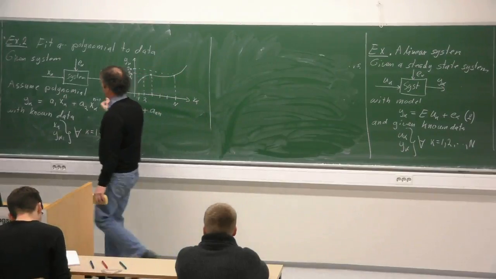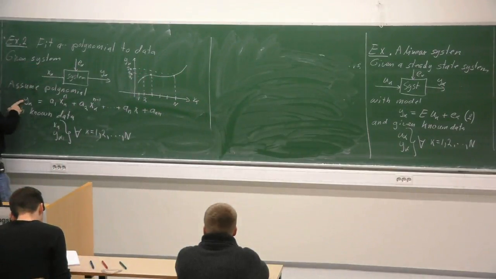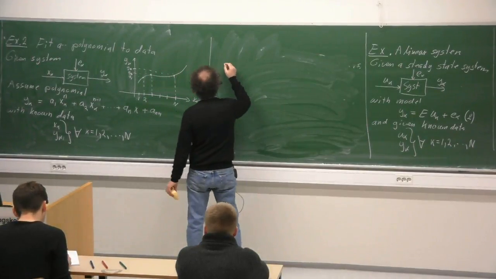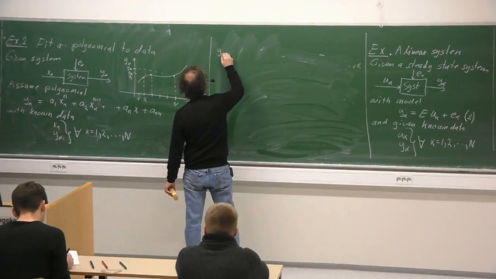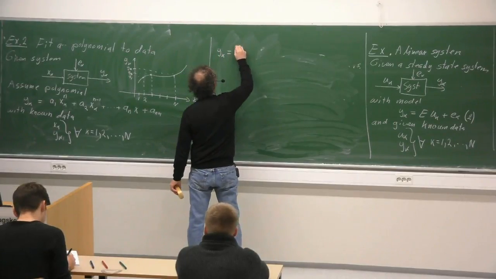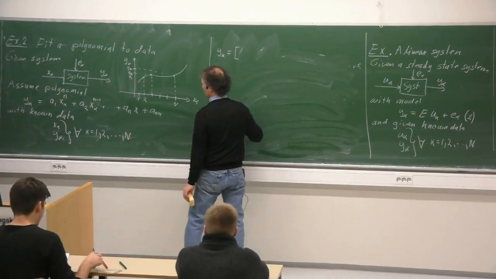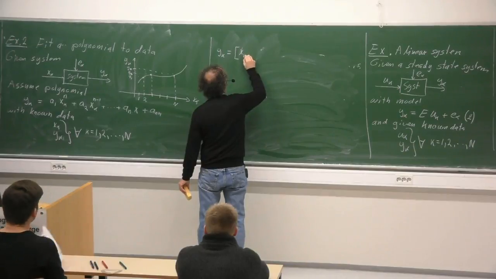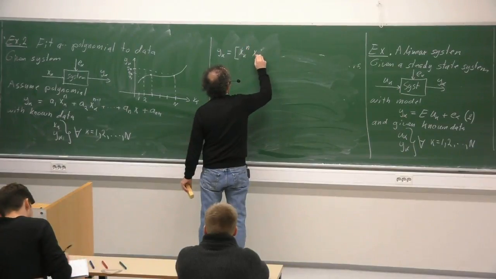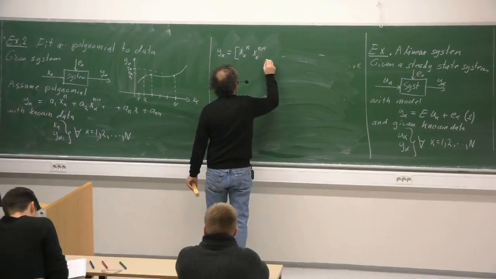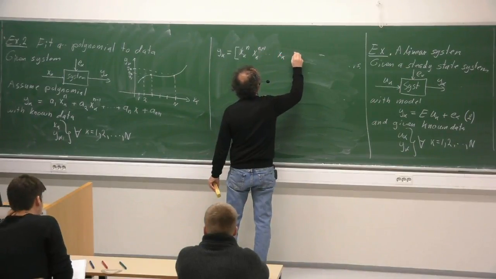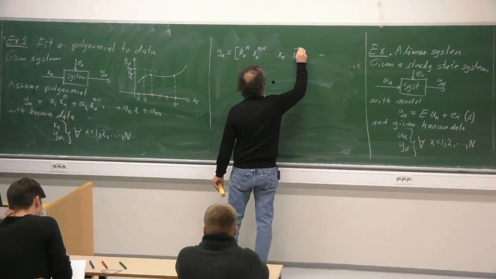Here I will assume that y is a scalar and x also is a scalar, for simplicity. Then we write that y_k equals a row vector with the regressors x_k to the power n, dot dot dot, x_k and 1.